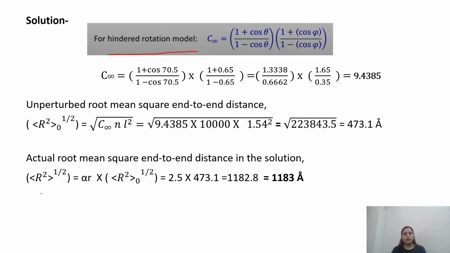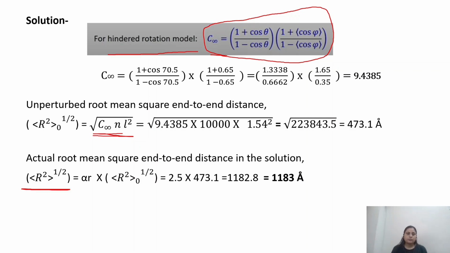To calculate the root mean square value, from this formula we need to calculate the characteristic ratio. For the hindered rotation model we already know that the characteristic ratio will be 1 plus cos theta divided by 1 minus cos theta, multiplied by 1 plus cos phi divided by 1 minus cos phi, which is the torsion angle.